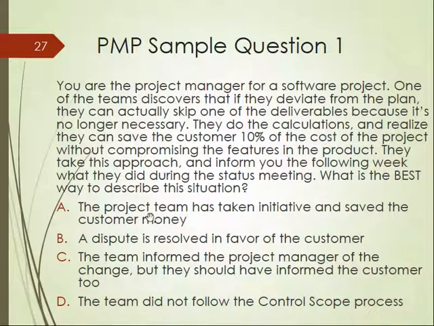Okay, who said the answer should be A? Nobody. Now, in a PMP exam, there are always multiple choices, and the tricky part is sometimes more than one answer may look correct.